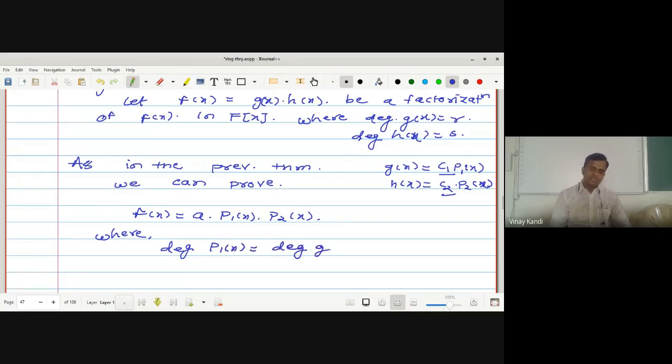Degree of g of x, which is equal to r, and the degree of p2 of x is equal to degree of h of x is equal to s.